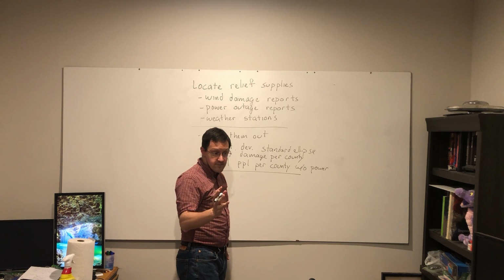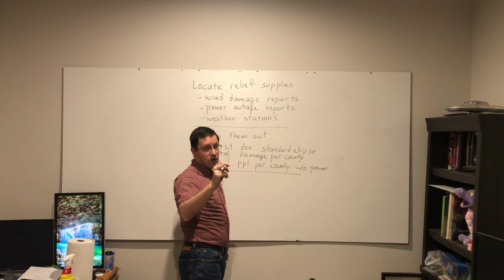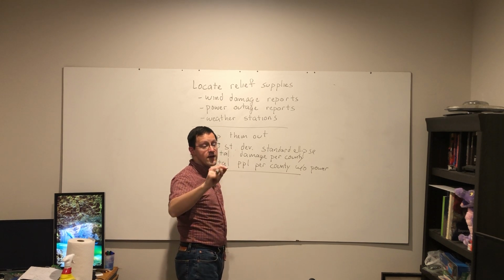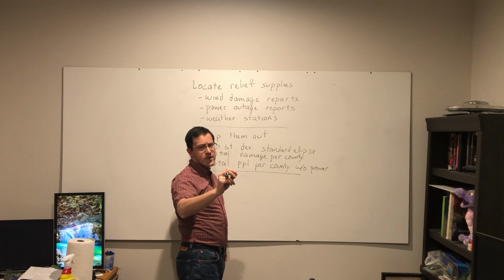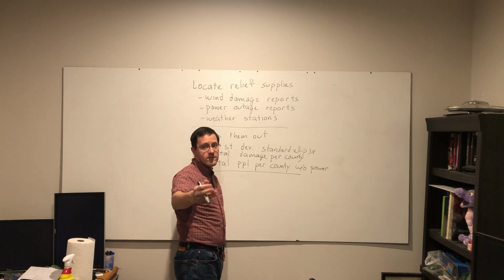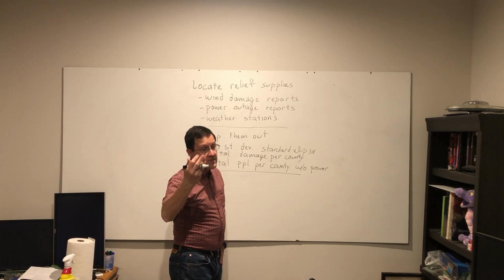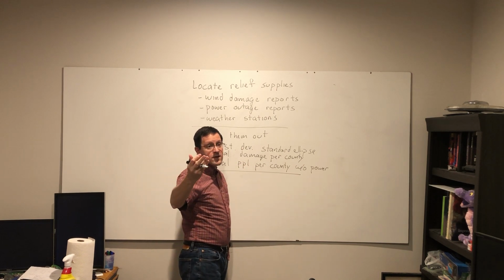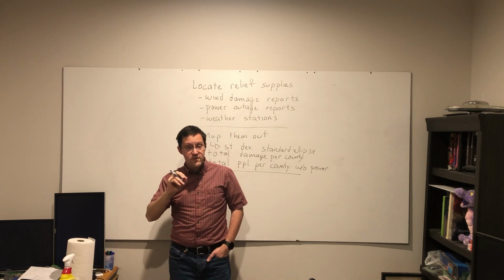As in many cases, arguments could be made otherwise. You could argue that you want the average because, okay, if one person is calling in with a huge amount of damage, chances are other people nearby may also have a lot of damage, but may not be able to call in. So you could argue the total or the average. That's something that you can make your choice and justify.